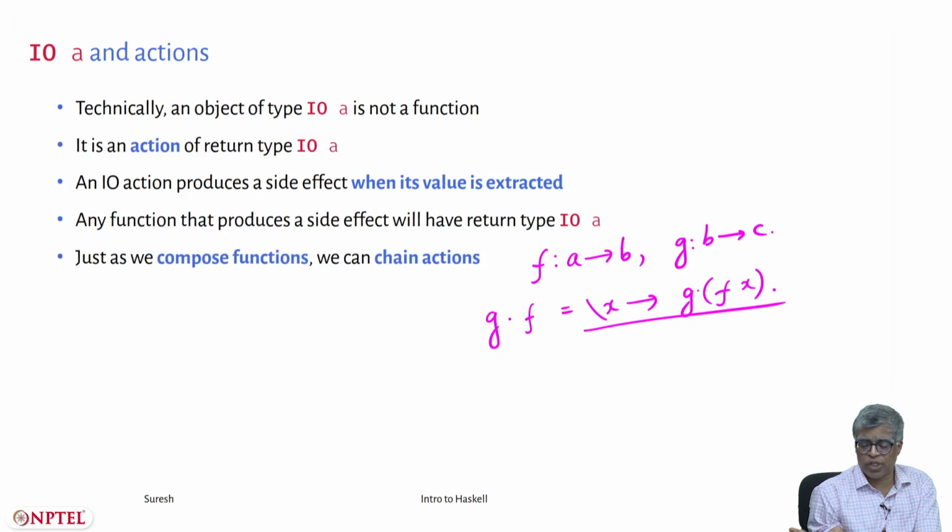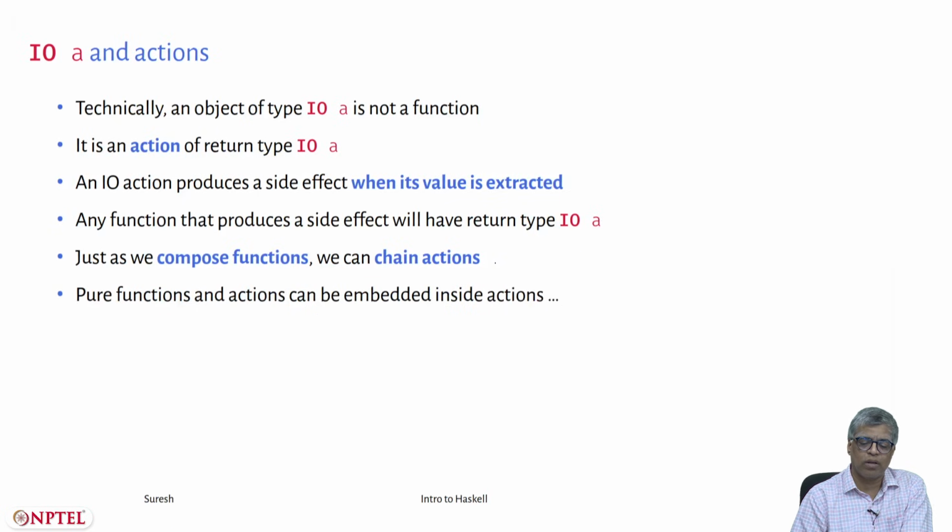That is composing functions. Similarly, you want to chain actions, but remember, chaining action means that originally the first action has produced a side effect, or in other words, the first action took a state of the real world and produced a changed state of the real world. The second action should take the changed state and add its own new change to the state. Okay, so that is what you mean by chaining actions. We will see how to chain actions in a bit.